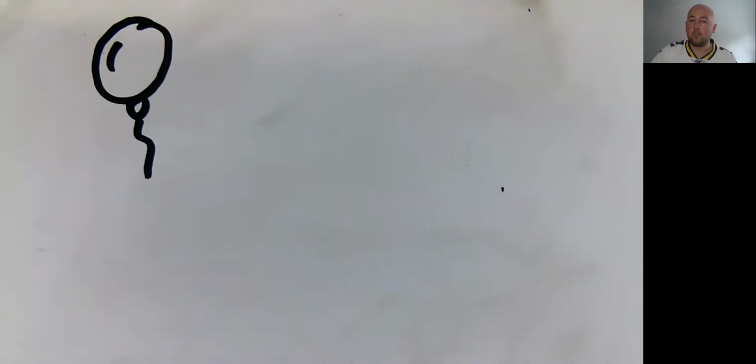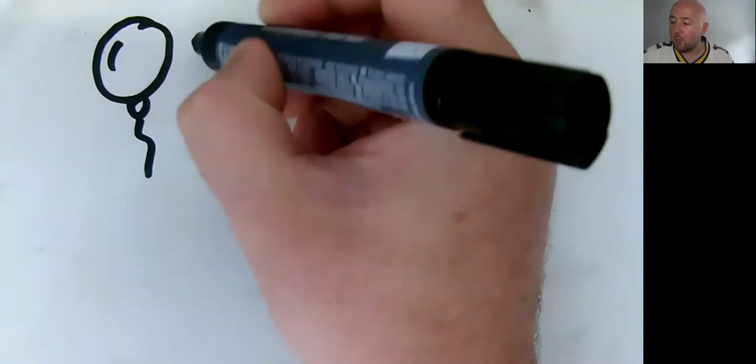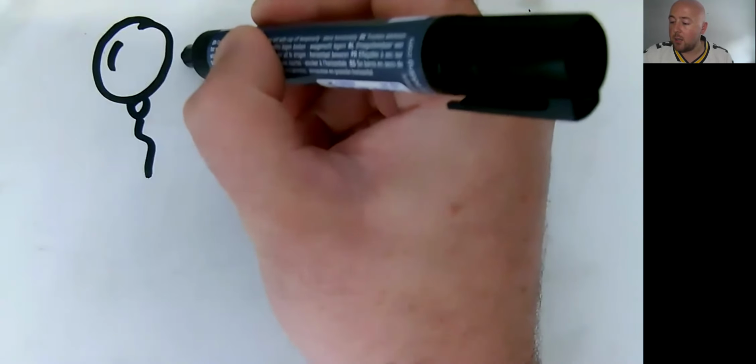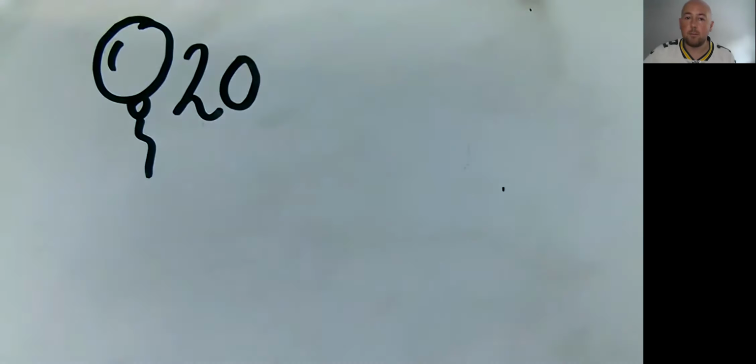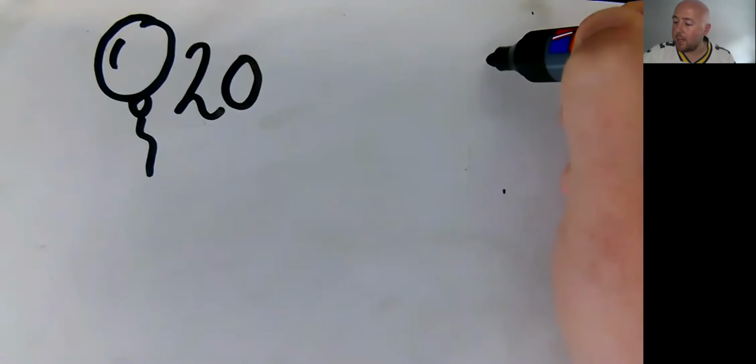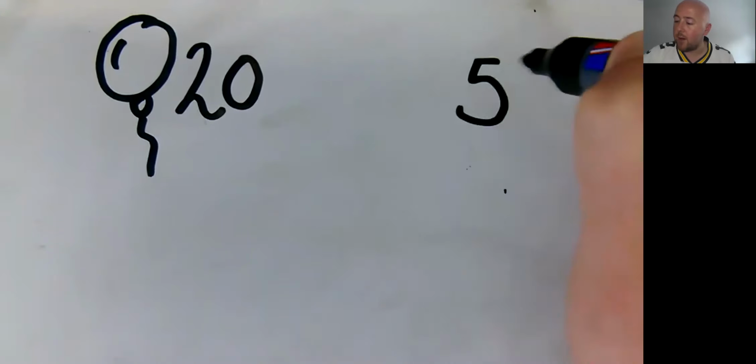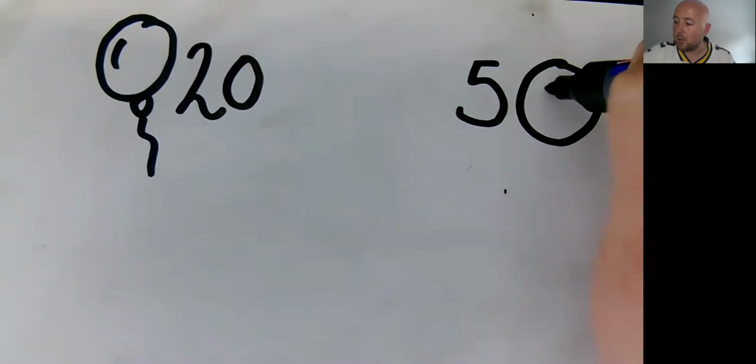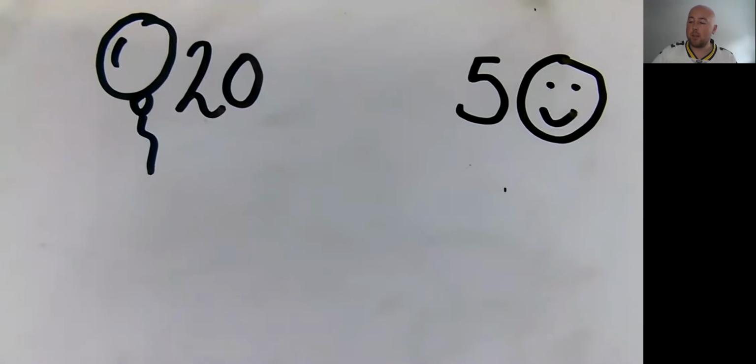So this time we'll stick with balloons, and we'll say there are 20 of them, and each friend gets 5 balloons. That's a little bit hidden, but you can see that's a friend. How would you draw the bar to represent this problem, to support the pupils in working out what it is they need to do?